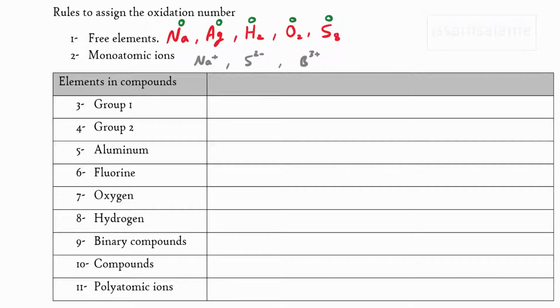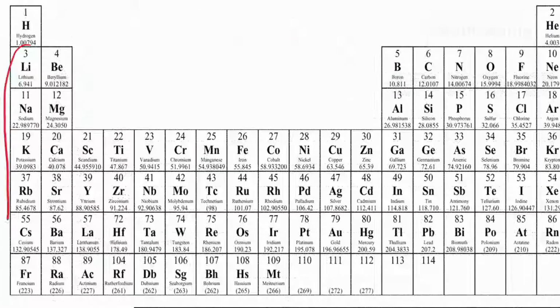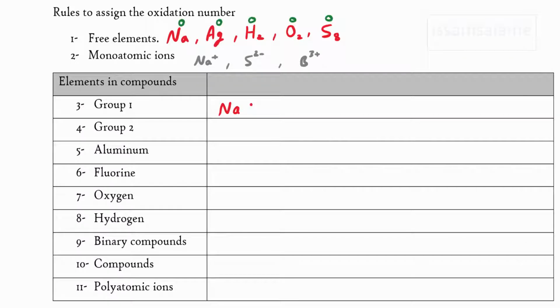We will start with the group 1 elements, which are, as you can see in the periodic table, lithium and all the way downward. All these elements follow the same rule: all elements in group 1 in compounds have their oxidation number equal to +1. So any element in group 1 is always +1. What about group 2?